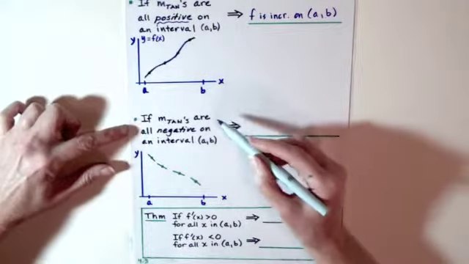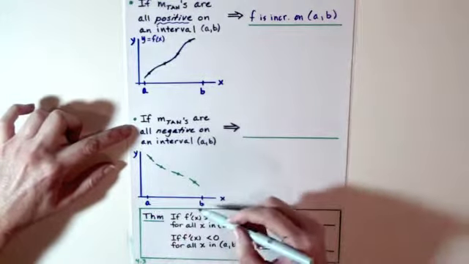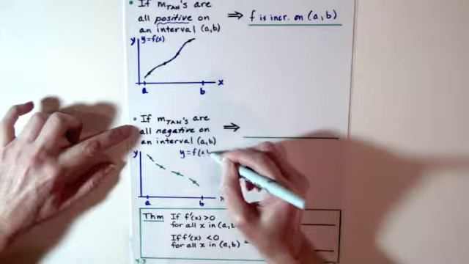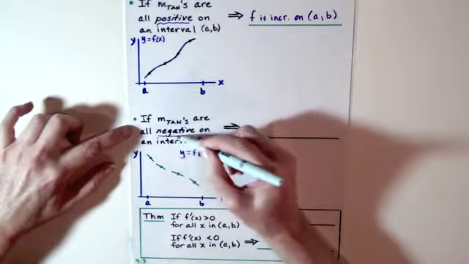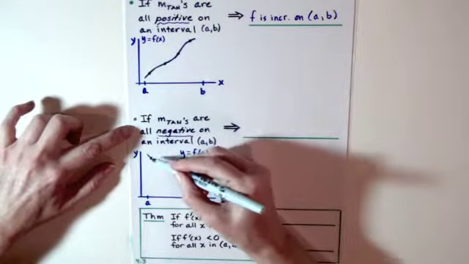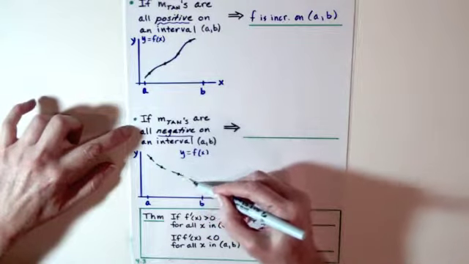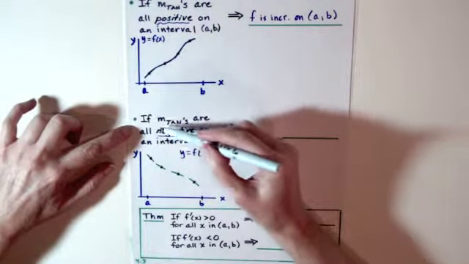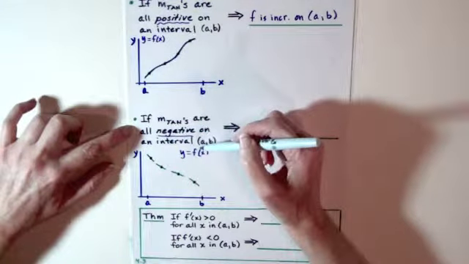By the same token, suppose I told you that between a and b, I had a graph of a function f whose tangent lines were all negative on the interval from a to b. I've just shown 4 points between a and b, but we're really saying that at every point between a and b, I have a tangent line whose slope is negative.